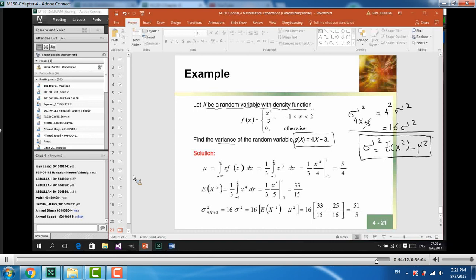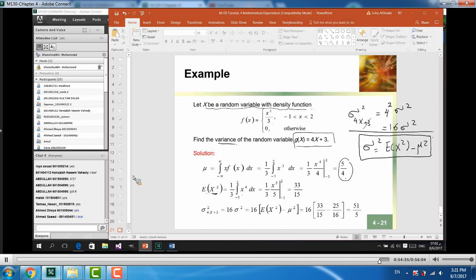The expectation of x squared is the integration of x squared times f(x), so it will be x to the 4th here, 1 over 3 x to the 4th. If you integrate to get 1 over 3 x to the 5th and substitute with the boundaries, this gives you the result 33 over 15.